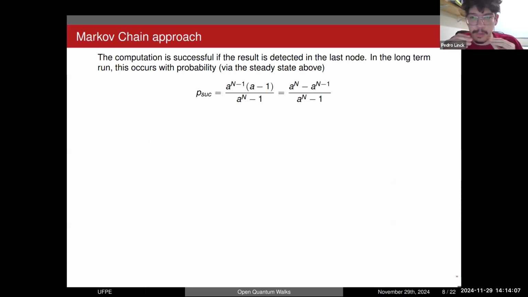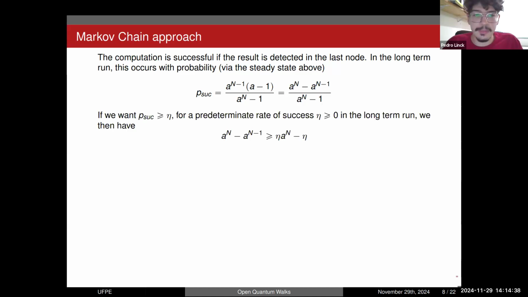So the probability of success is the probability of detecting in the last node, which is, by the formula that we calculated before, this. Okay, so if we want, for example, 1/3 of success, we have to find some A or some omega such that this formula is greater than 1/3.